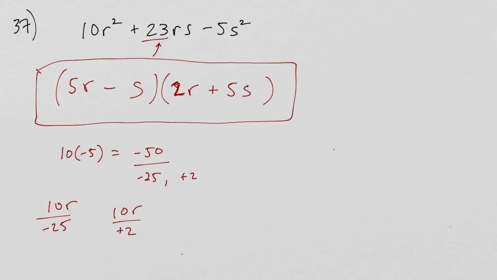Let me include the s down here. When you reduce the first one by 5, you'll get 2r over negative 5s. And when you reduce the second one by 2, you get 5r over a positive s. You pop this up and get this factor, and you pop this up to get that factor, and you're done.